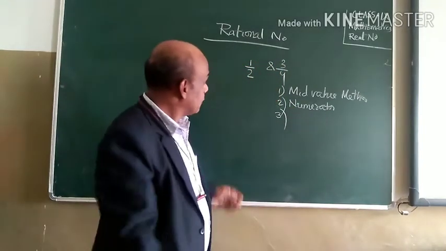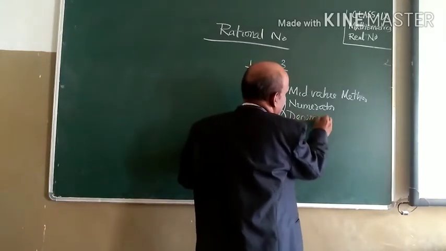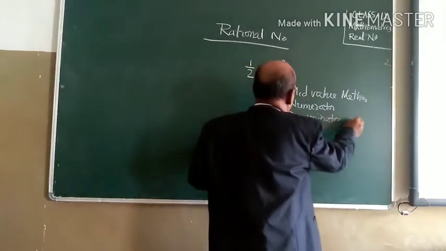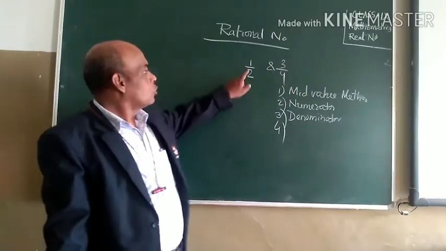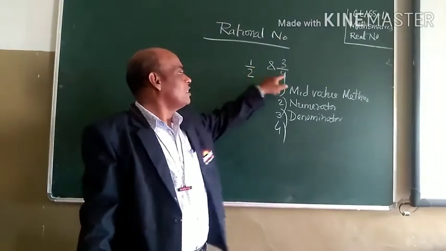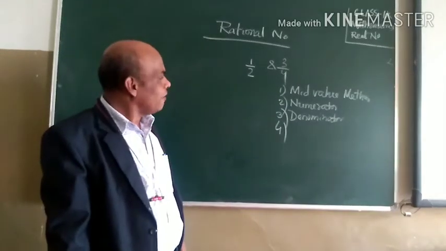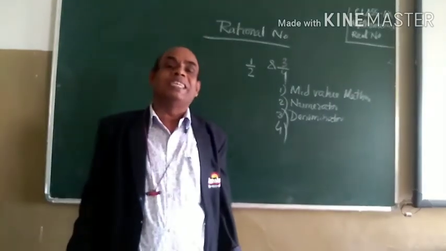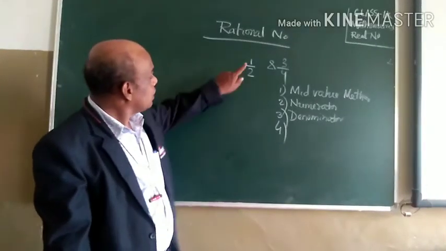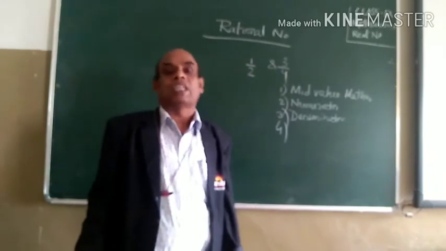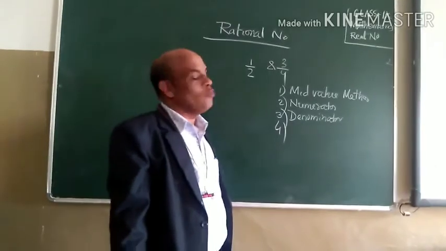Third one is the denominator method. And the fourth one is for when the denominators of the two rational numbers are different. We can use any one method to find the rational numbers in between two rational numbers. Yesterday we discussed the mean value method.